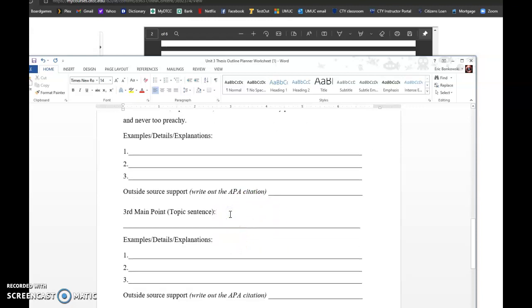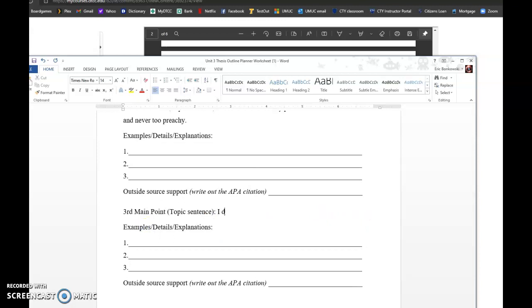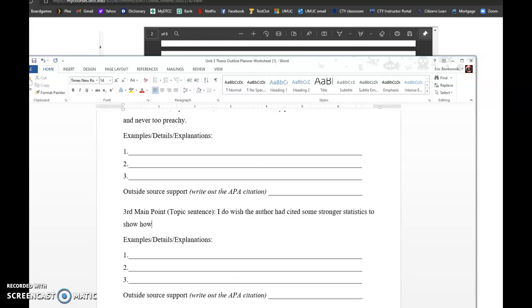And then for my third main point, I'm going to say. Okay, so again, maybe these aren't perfect points, but these are the ideas.